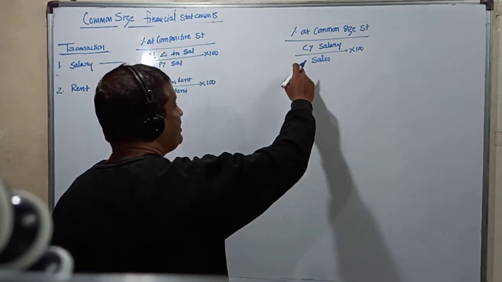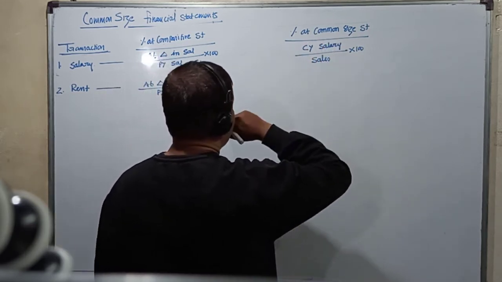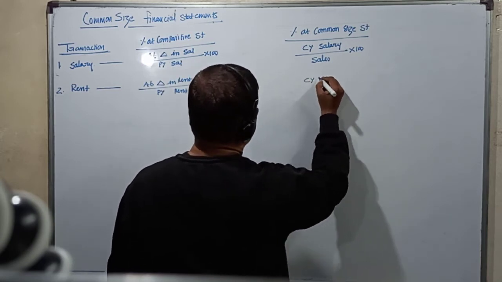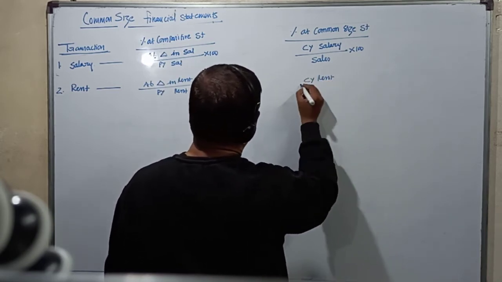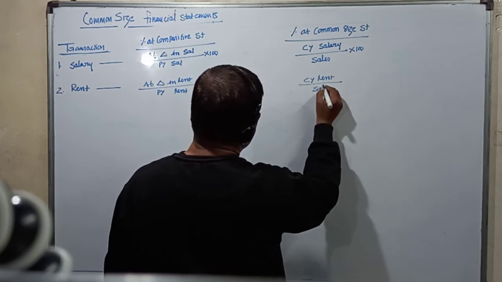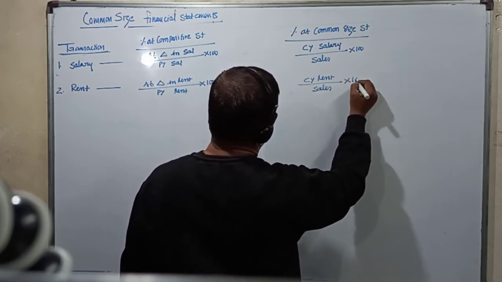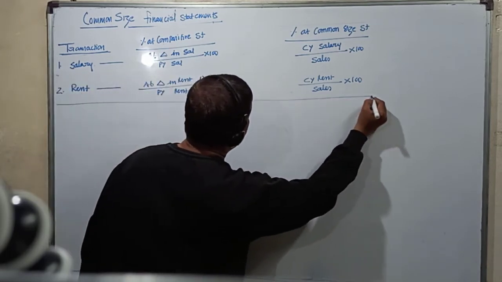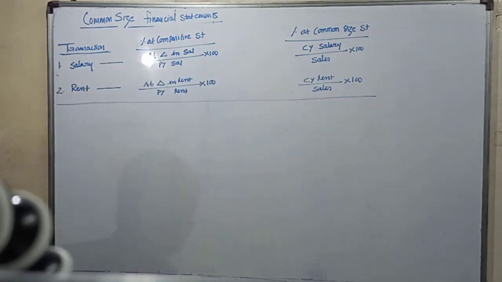If it's previous year, then you take previous year salary by sales into 100. Now here again for rent, it is current year rent divided by sales into 100. So this is the difference between comparative statement and common size statement when you're looking at the profit and loss account.